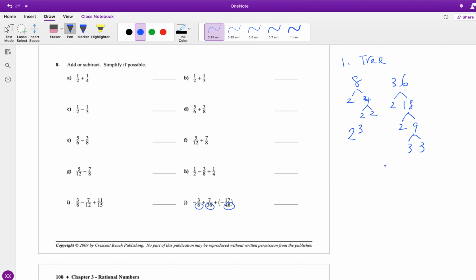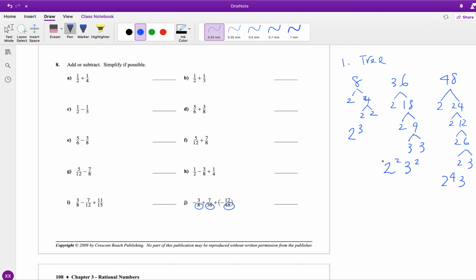So then that is 2 to the power of 2, and 3 to the power of 2. Now 48. Although tedious, it will absolutely get the job done. So that's 2, 24, 2, 12, 2, 6, 2, 3. Okay, so let's say this is 2 to the power of 4 and 3.